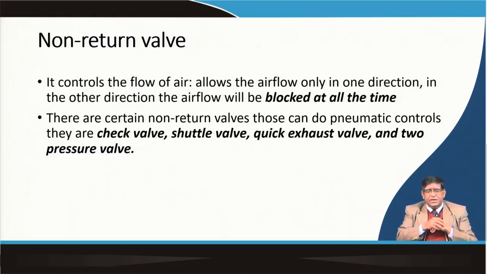In the other direction, the air flow will be blocked at all times. Similarly, there are certain non-return valves which can do pneumatic controls. There are other types of valves like your check valve, shuttle valve, quick exhaust valve and two pressure valves.